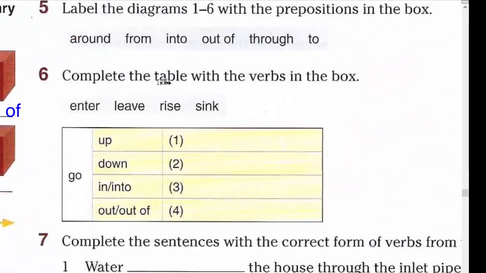Exercise 6. Complete the table with the verbs in the box. These verbs: enter, leave, rise, sink. What's the meaning of these verbs? Go up. Rise.